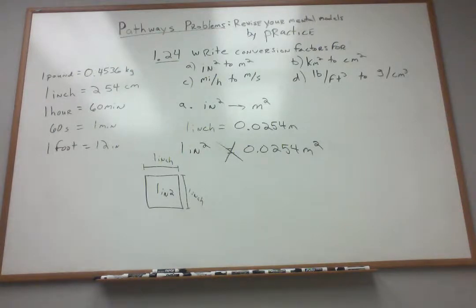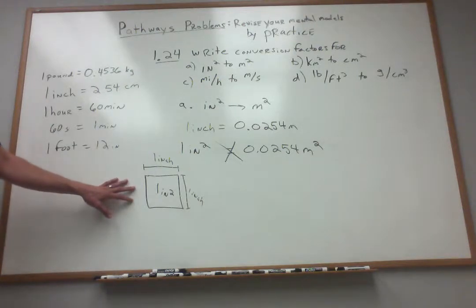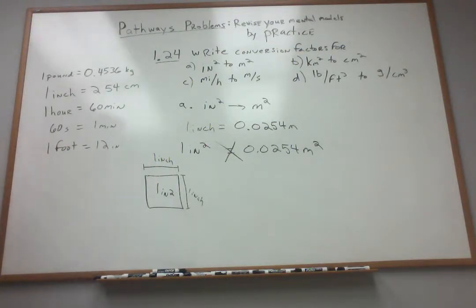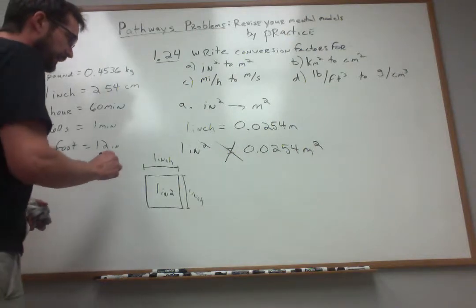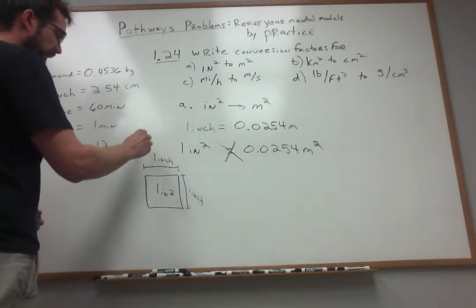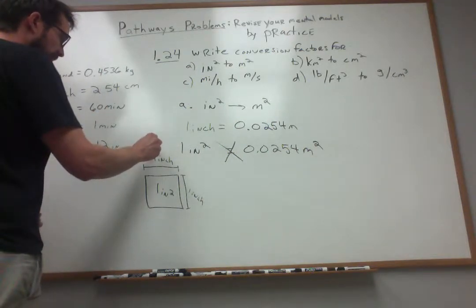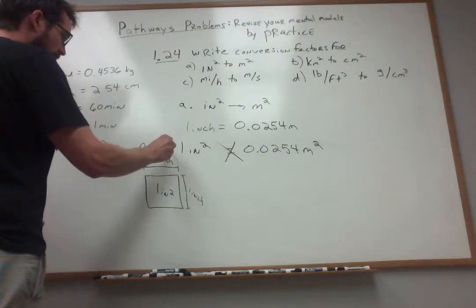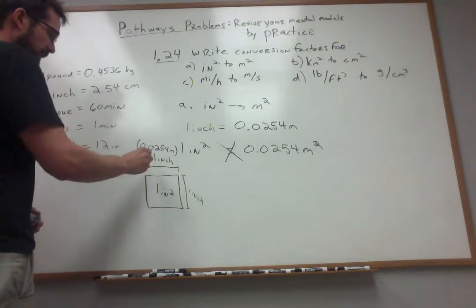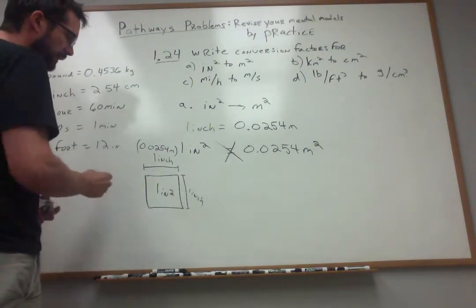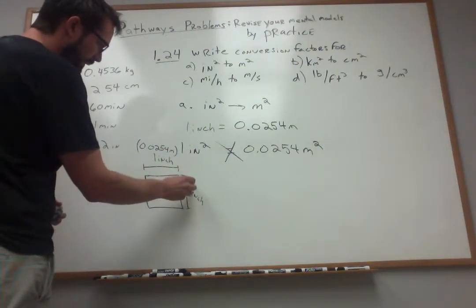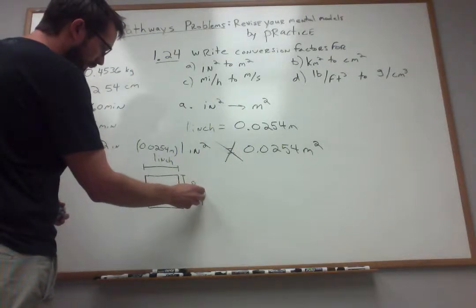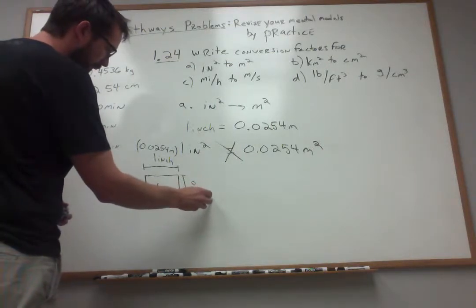Now, what if I asked you to consider that exact same dimension box, compute the surface area in meters squared? You would say, okay, I guess I can do that. I know that an inch is equal to this, so that must mean that dimension is 0.0254 meters, just like this dimension is 0.0254 meters.